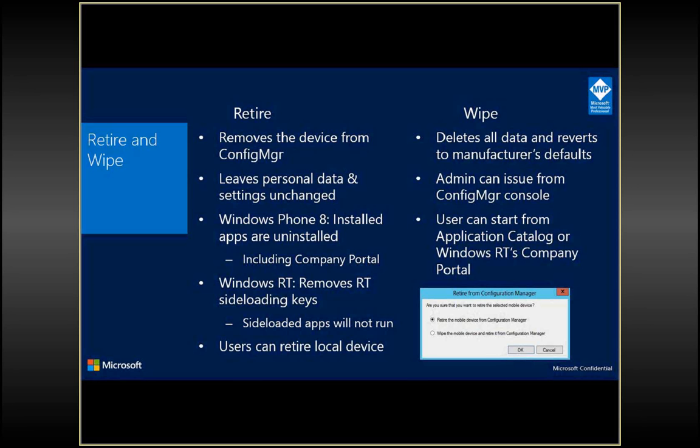So, for example, if the user also has a Windows 7 or Windows 8 PC, the user can go to the application catalog, and over there he or she can see all those devices that are connected to the user, and the user can select any device and say, okay, I want to wipe.